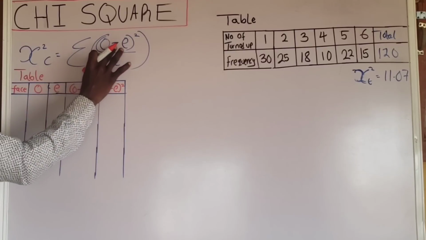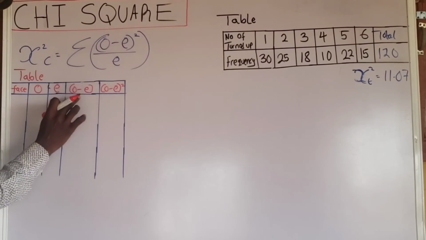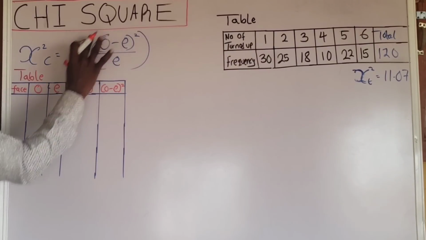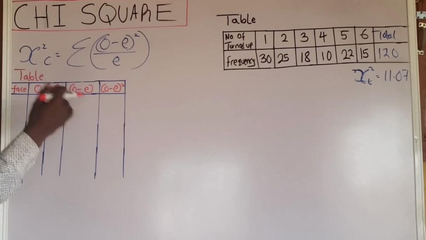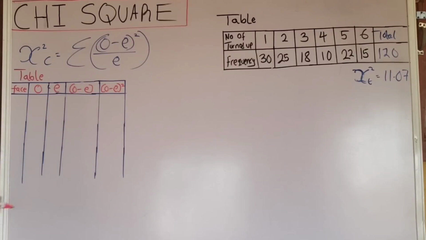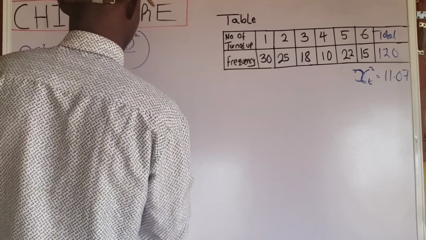Now, from this formula, I still need what? Observed minus expected. That's why I have this. From this formula, I still need the square of the differences between the expected and the observed value. So I have this. Now, I have to create another column. So, I'm going to have an additional one here.